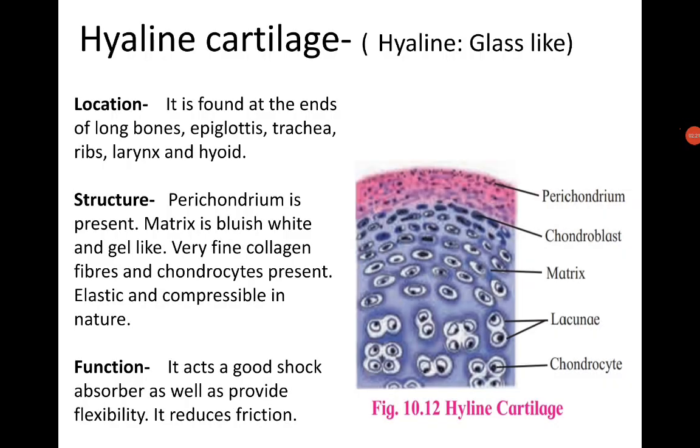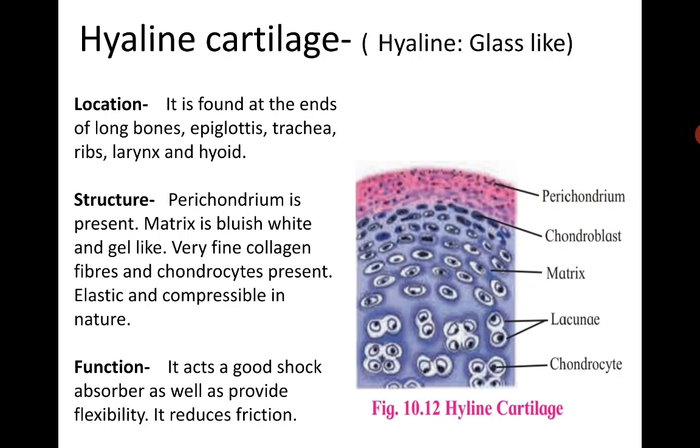The perichondrium is the outermost layer present. In the perichondrium, immature chondroblasts are present. After the full development of a chondroblast, it is converted into a chondrocyte, a cartilage or bone forming cell. The perichondrium is present on the outer side.